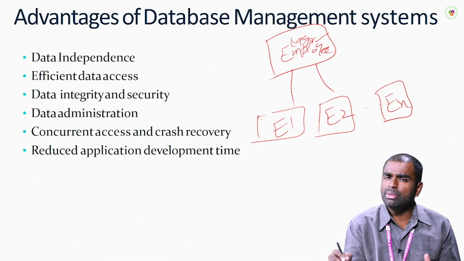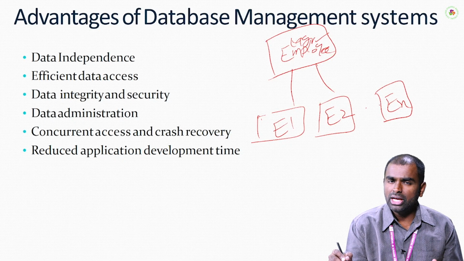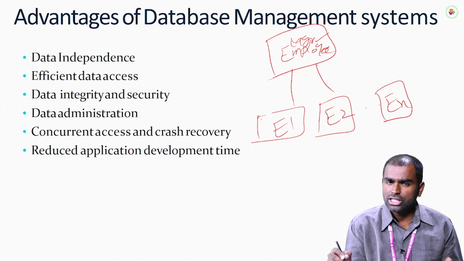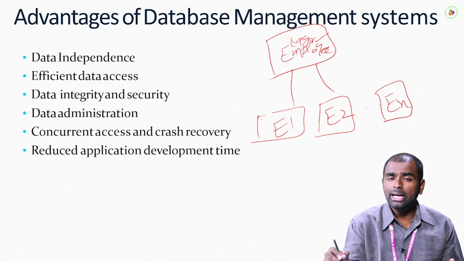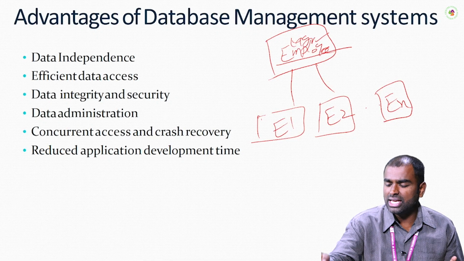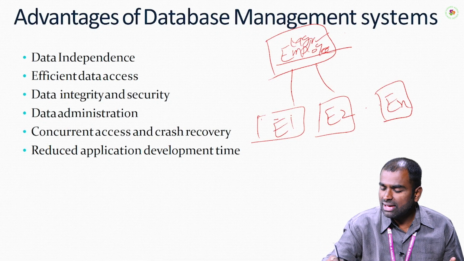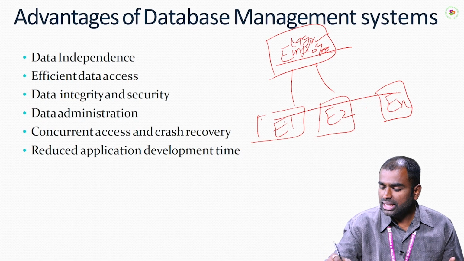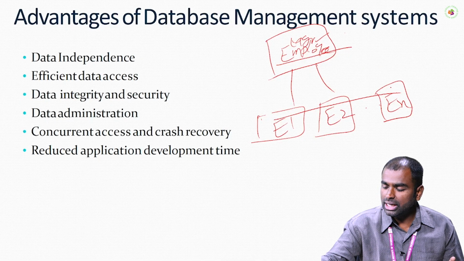A team lead has specific privileges which cannot be accessed by lower-level employees. So this level of data is independent of that level of data. At the employee level you maintain some data that is completely independent of this level.